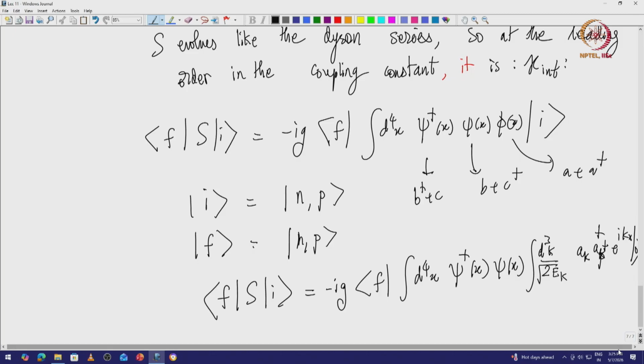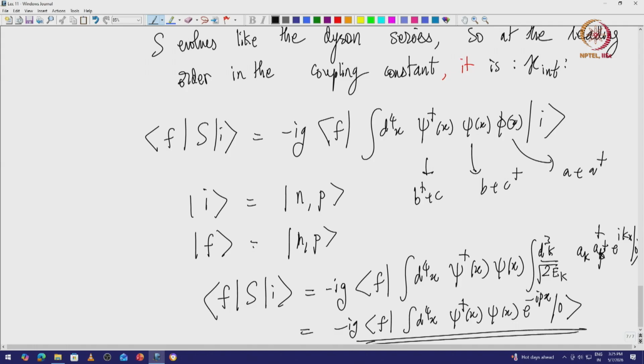But what it introduces is a state with 1 |0>. So this is minus I g f integral d power 4 x psi dagger of x psi of x e power minus I p x |0>.